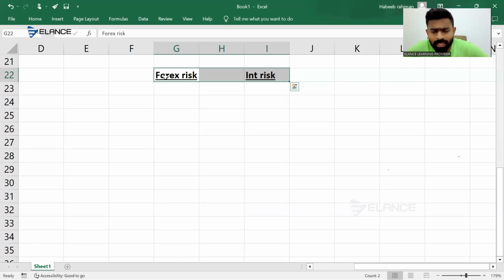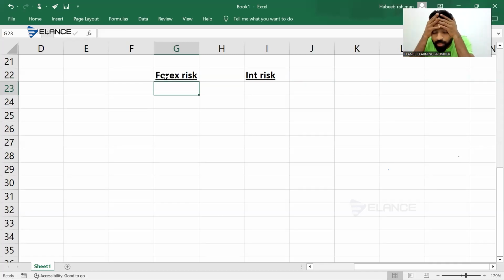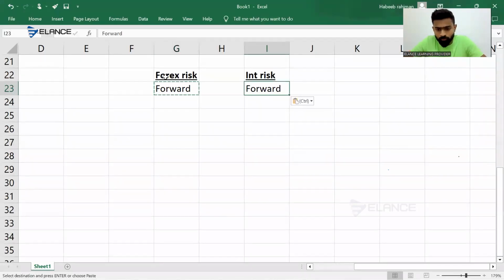In order to get protected from interest risk, similar to forex risk, we could enter into a forward contract. The forward contract on foreign exchange is said to be a forward exchange contract.